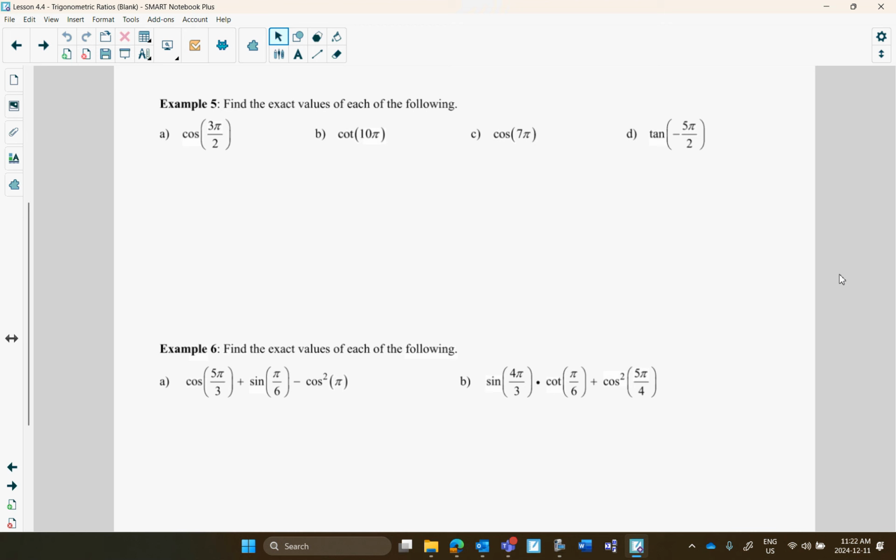So the first one here, just to refresh your memory, I'm asked to find the cos of 3 pi over 2. What does that mean?